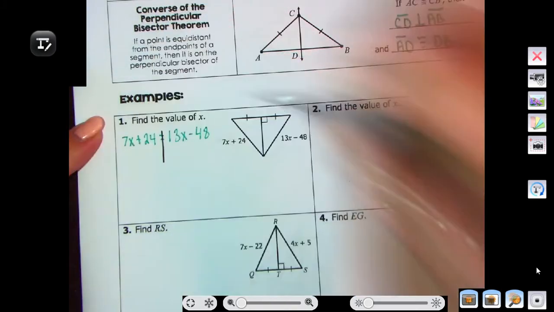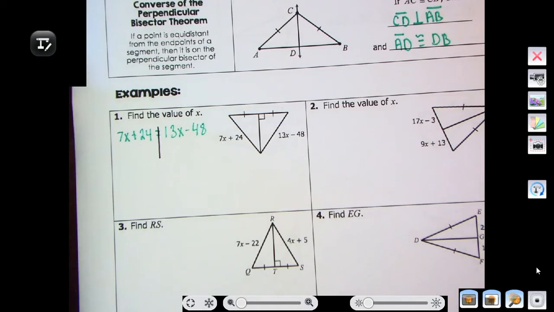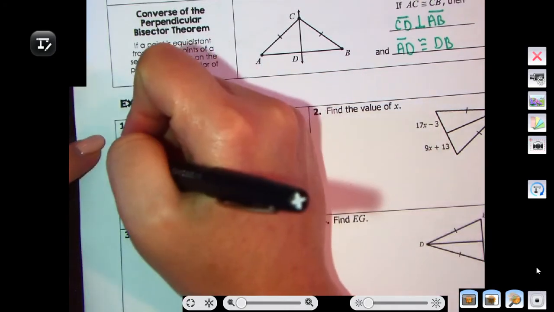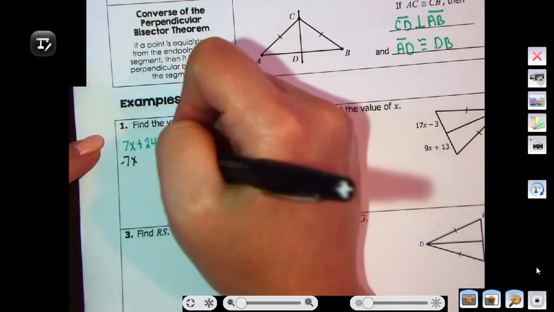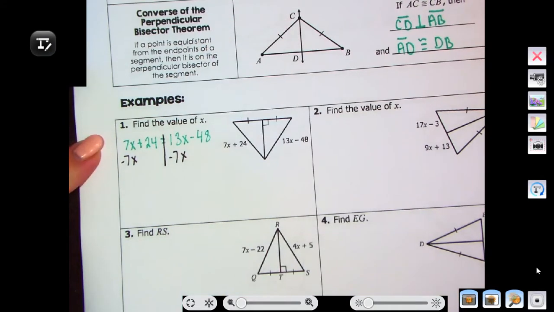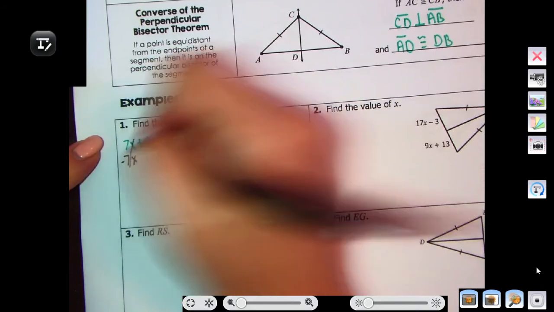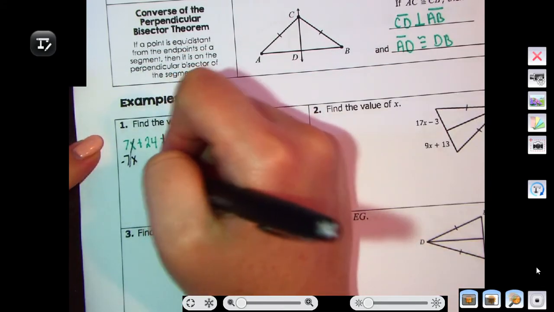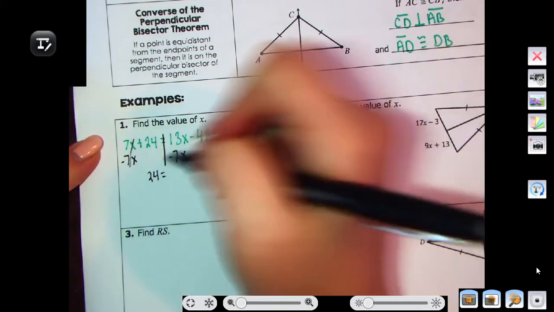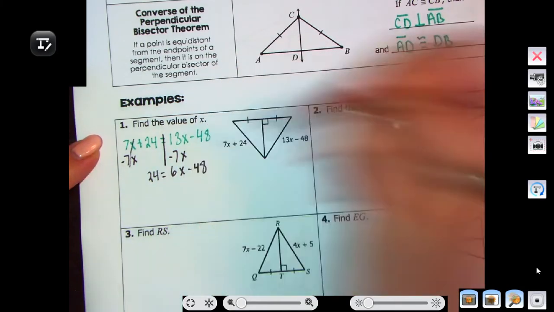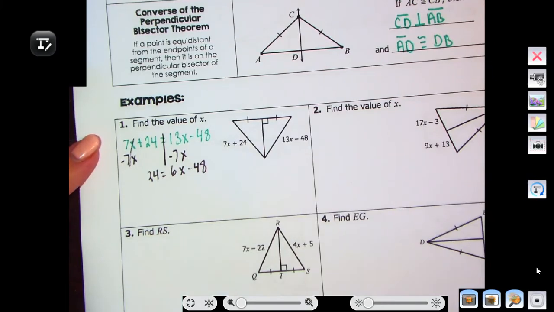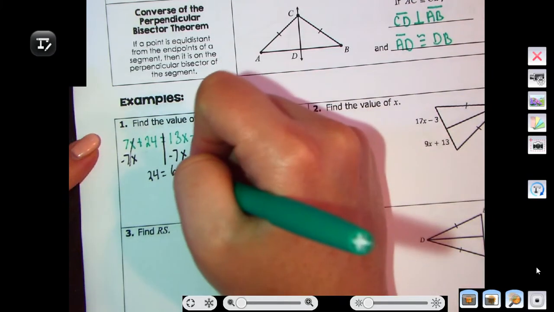So my first step here, I am going to go ahead and subtract 7x from both sides. That cancels. That's going to give me 6x minus 48. And then I will add 48 to both sides.